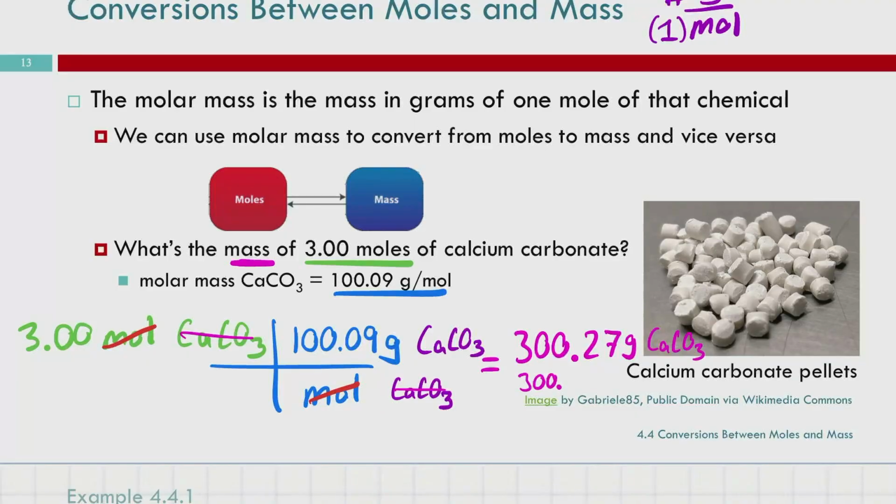We would round that down to 300 grams calcium carbonate. Or if writing it that way makes you feel uncomfortable, 3.00 times 10 to the 2 grams CaCO3.